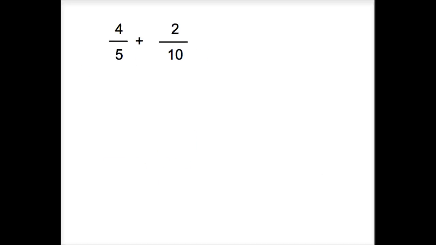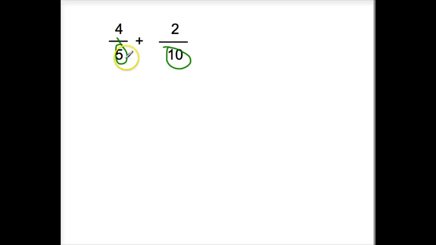Another example is 4/5 plus 2/10. So our step one is to look at the denominators, and when we look at these denominators, we have a 5 and a 10. They are not the same, so we're going to have to find a common denominator.